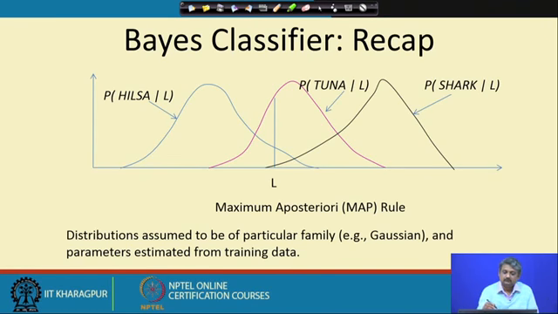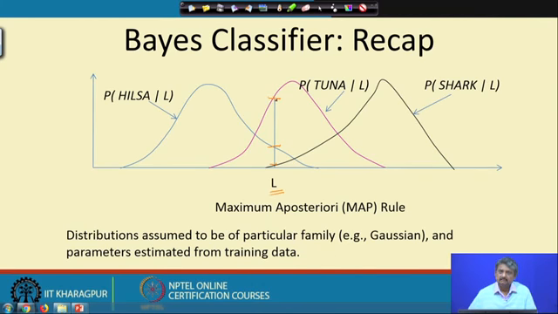For a new point whose length is L, we considered the values of each of these distributions in these posterior probabilities. Whichever distribution gave the highest value, we put it into that class. And we showed theoretically that, if we perfectly know these distributions, this would give the minimum error classifier.